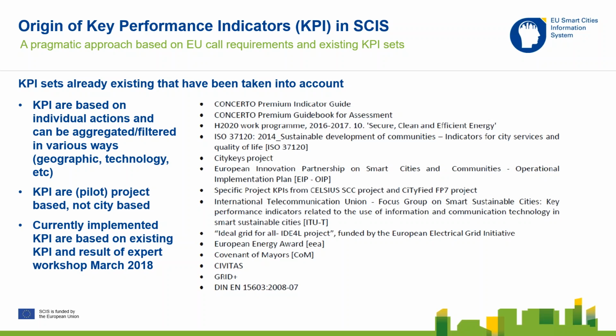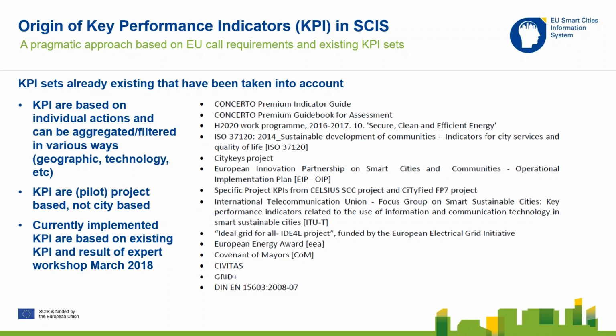Whereas many KPI, for example, performance indicators from ISO. ISO is a major standardization company, and they have their ISO 37120, the fourth one on the right-hand side of the screen.